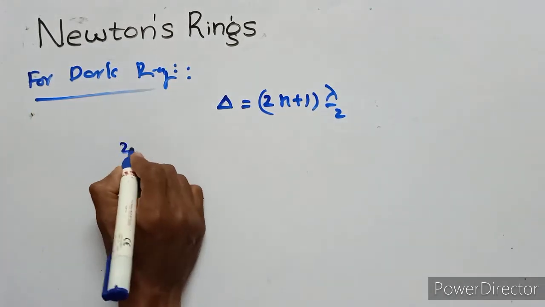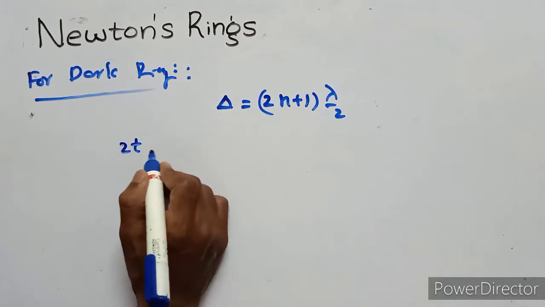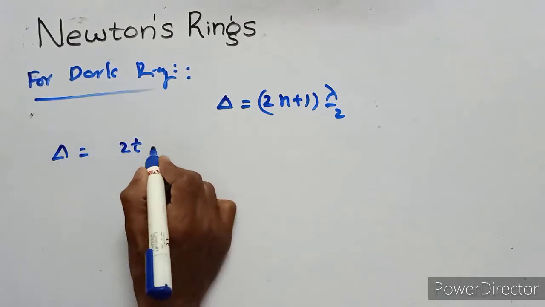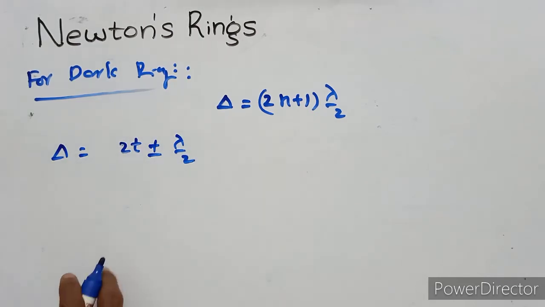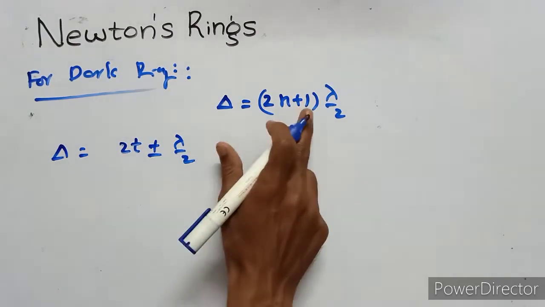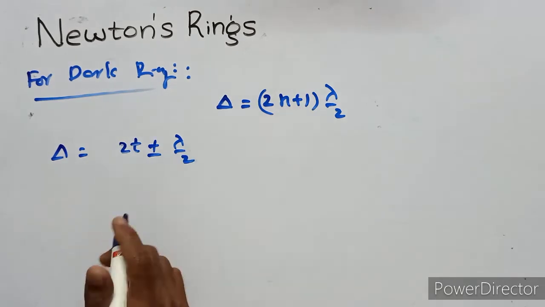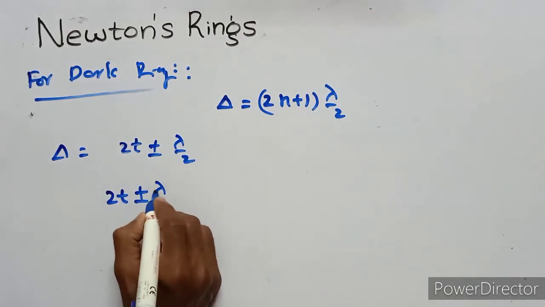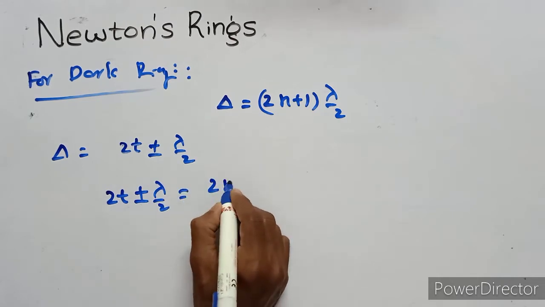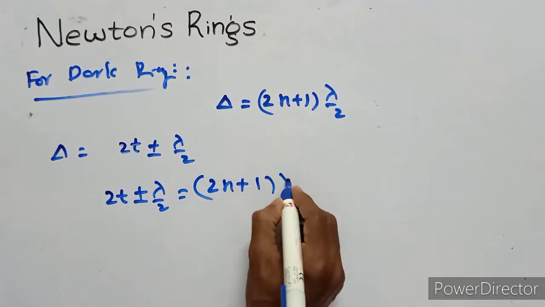In Newton rings, delta equals 2t plus or minus lambda upon 2. Then these two equations are equal, that is, 2t plus or minus lambda upon 2 equals (2n plus 1) lambda upon 2.